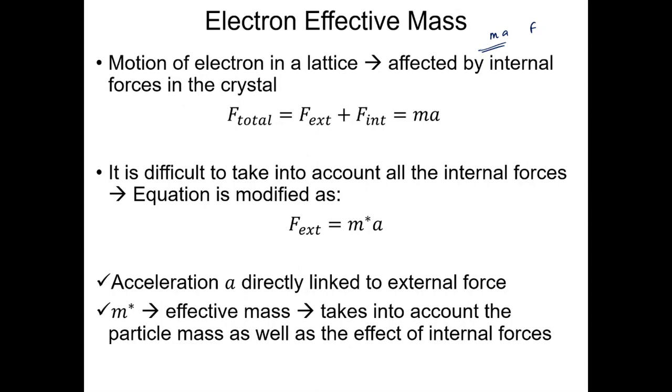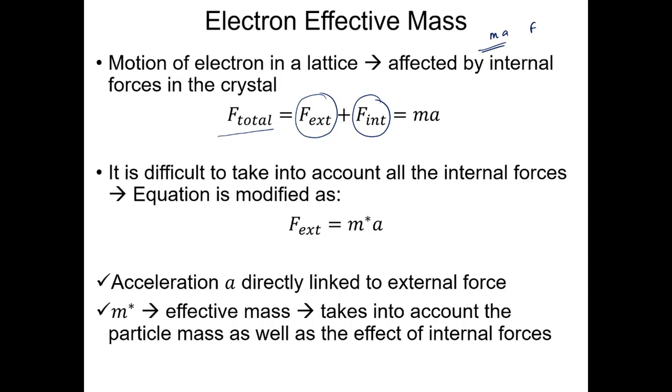So let's assume that the total force exerted on the electron would be an external force and an internal force. The external force would be the applied electric field or the external temperature and so on.